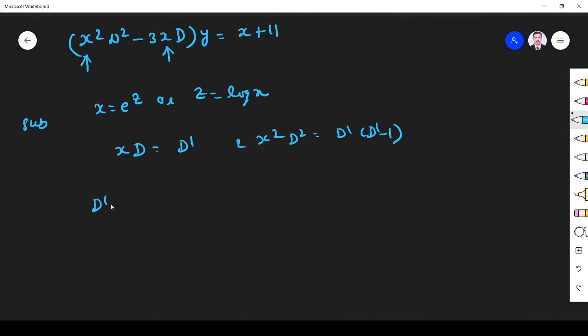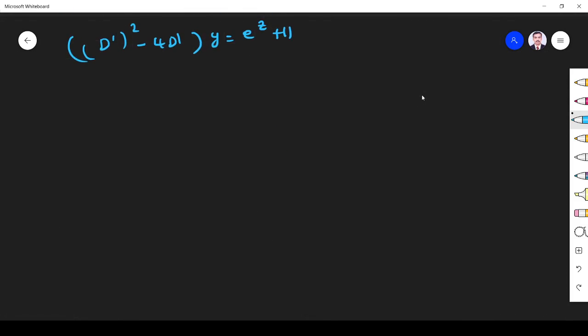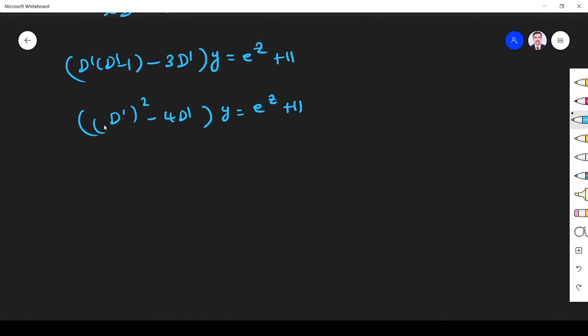What we get is d dash into d dash minus 1 minus 3 d dash y is equal to x, replaced by e power z, plus 11. Simplify this: d dash squared minus 4 d dash y is equal to e power z plus 11. Now it has become a constant coefficient equation, there is no variable x.